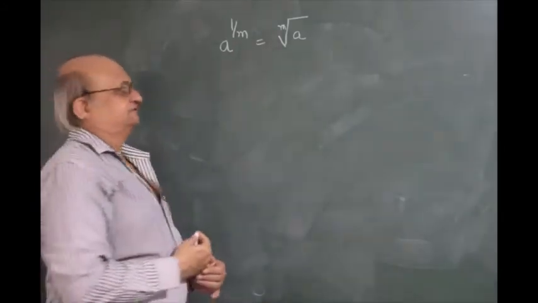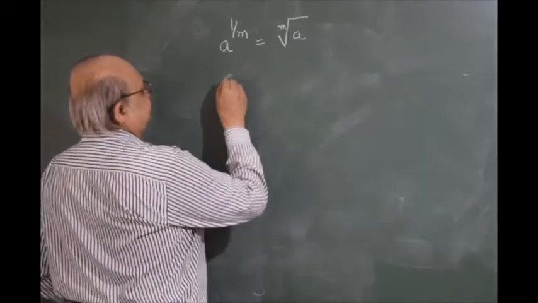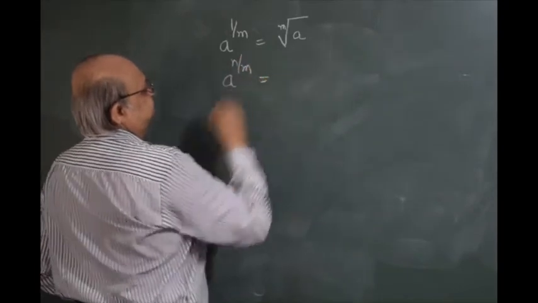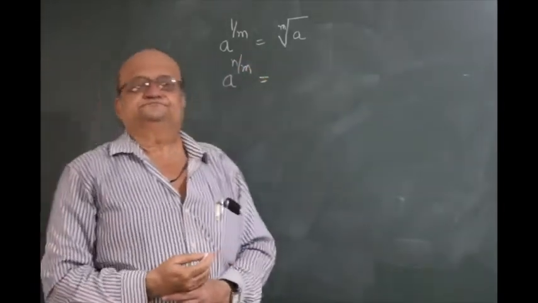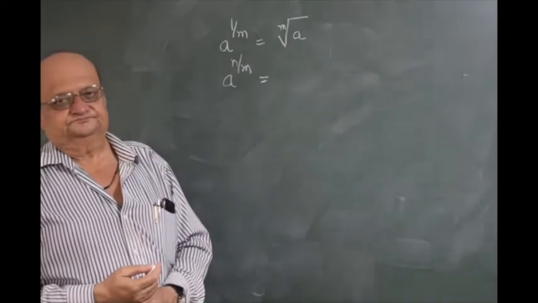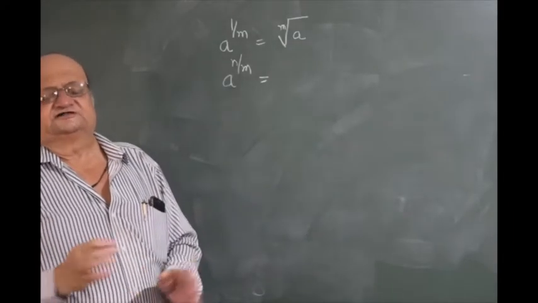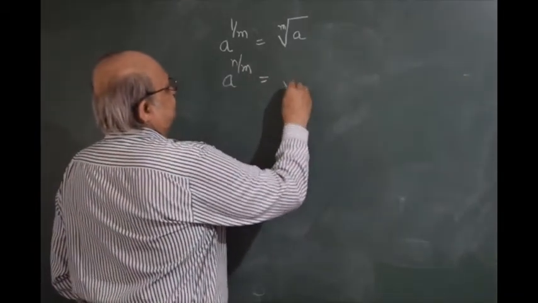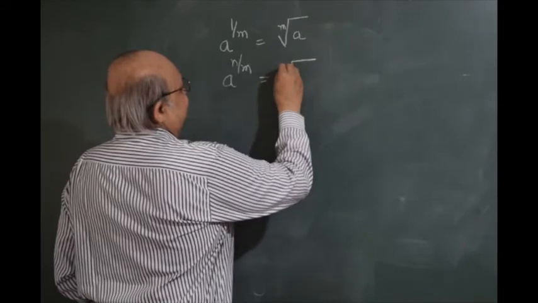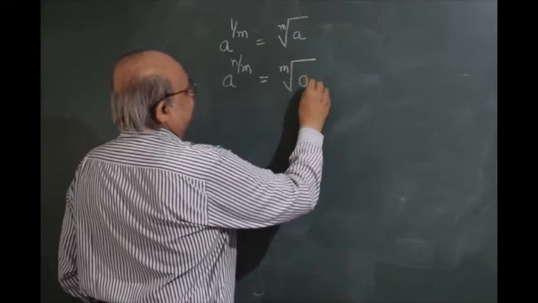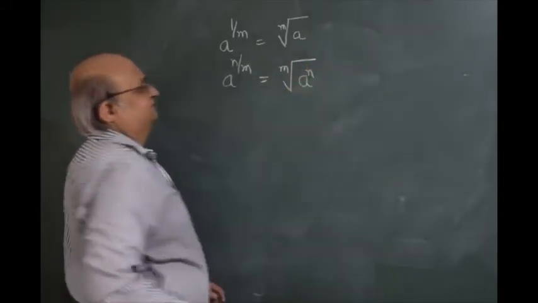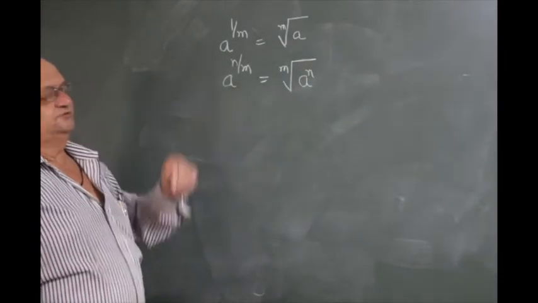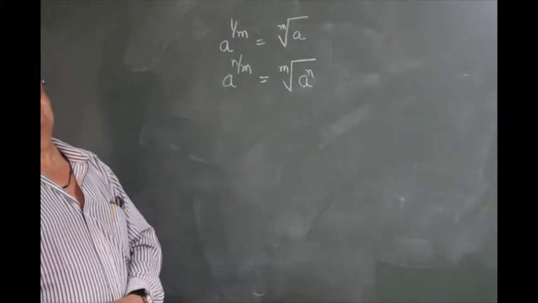What you haven't learned is what if a is raised to the power m upon n. There is nothing to get confused about. Always the denominator will be the nth root of a and the numerator will be the mth power of a. This rule is many a times useful.